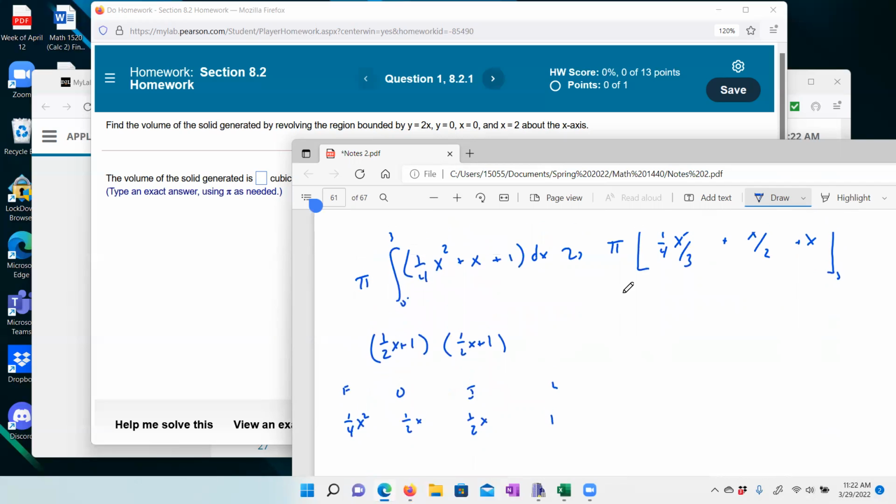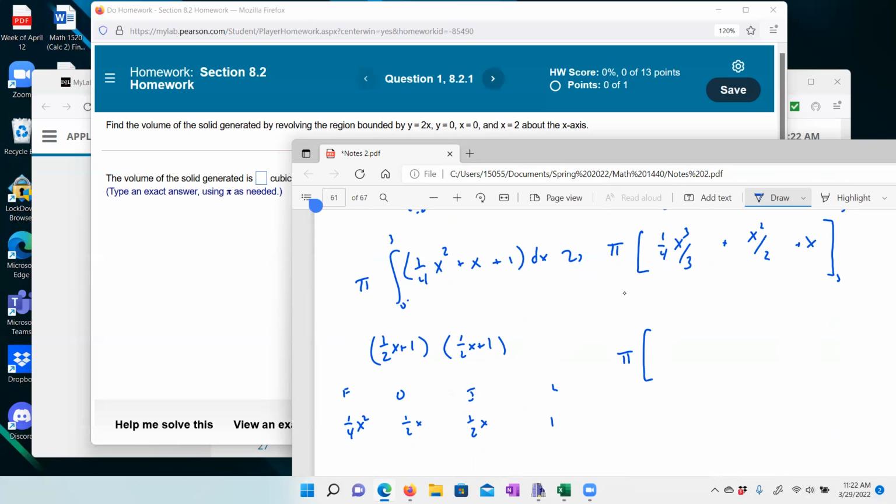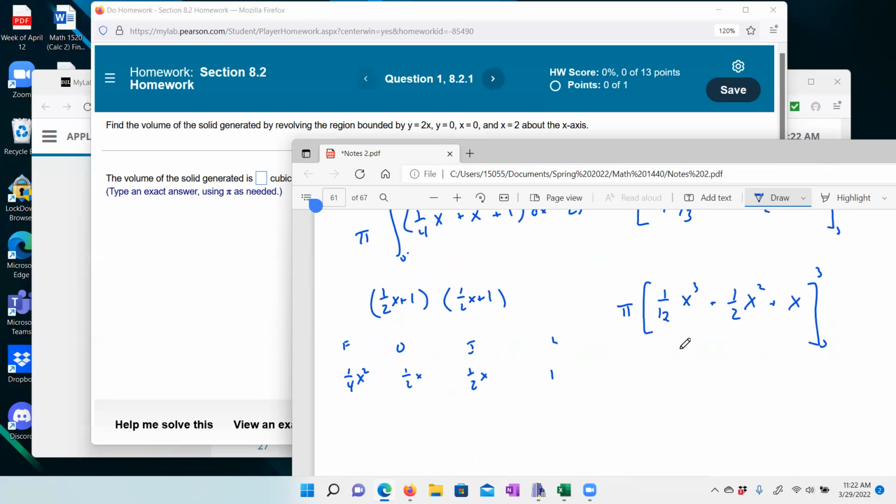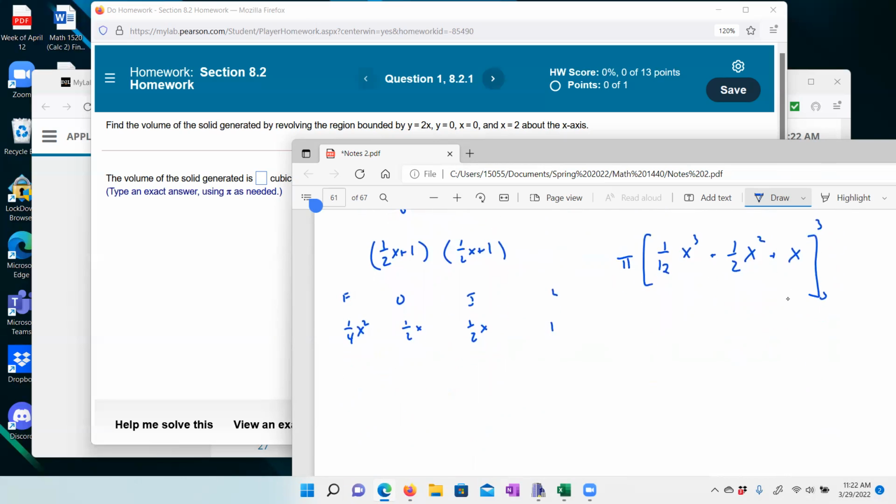Let me put this a little bit nicer. So we have pi times, where 1/4 times 1/3 is 1/12, so 1/12 x cubed plus 1/2 x squared plus x, going from 0 to 3. If I plug in 0, we're just going to get zeros here. So we're just going to have pi times 1/12 times 3 cubed plus 1/2 times 3 squared plus 3 minus 0.